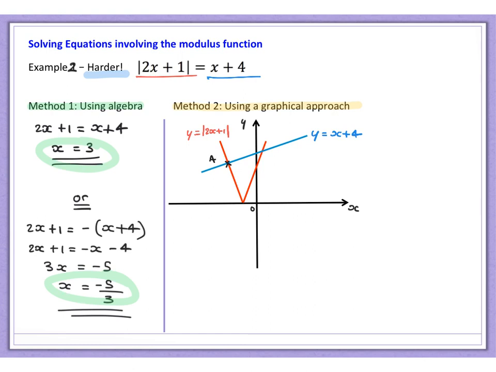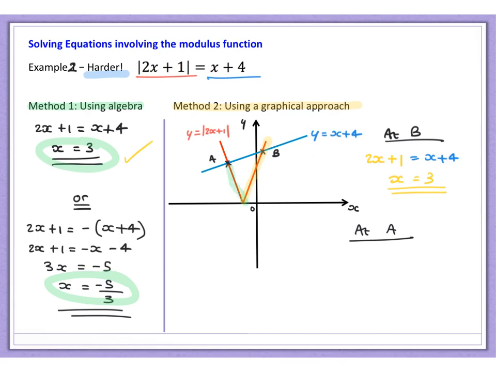So this is point A and this is point B. Now, at point B, this is where this portion of the graph is just the graph of y equals 2x plus 1, and it meets the blue line x plus 4. We can then solve this, and it simplifies down to give us x is equal to 3, which we've seen before.